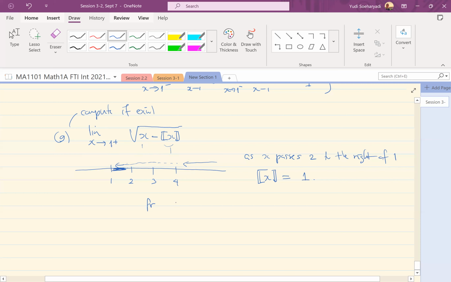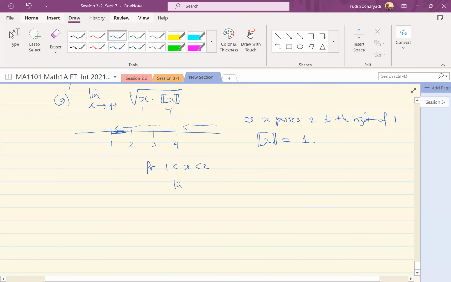For x, we have x equals x minus 1. Eventually it becomes this limit.